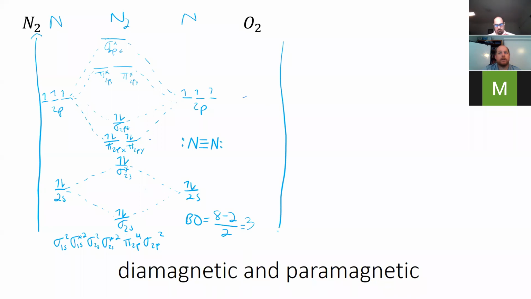The oxygen molecule is going to have one key difference. We're going to set it up the same way. It's when we construct our molecular orbitals that we're going to have it different. So let's put together our oxygen atoms. 2s and 2p. Actually, move my 2p orbitals up a little higher for space's sake.